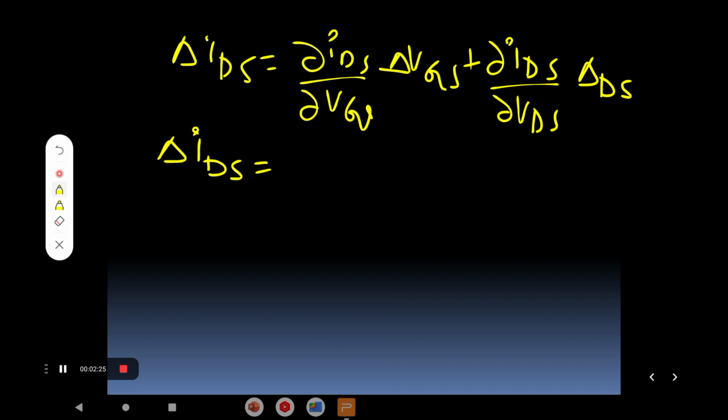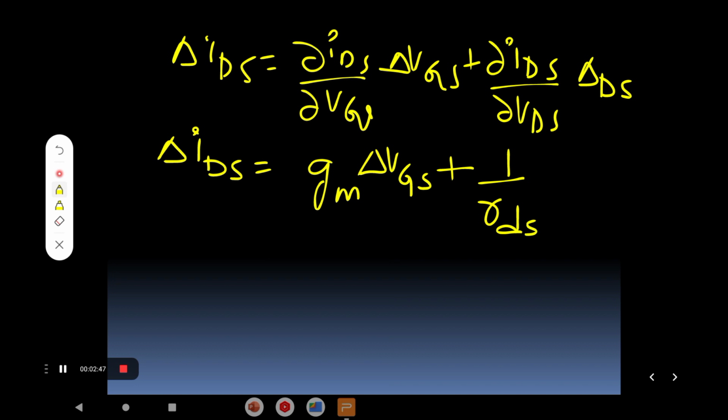Therefore, 1 by resistance is equal to GM. So it is nothing but GM into delta VGS plus, here also delta IDS by delta VDS, that is the inverse of resistance. Therefore, that is equal to 1 by RDS into delta VDS.